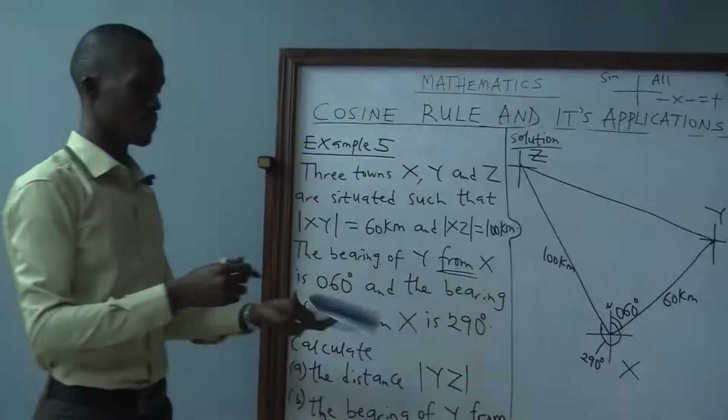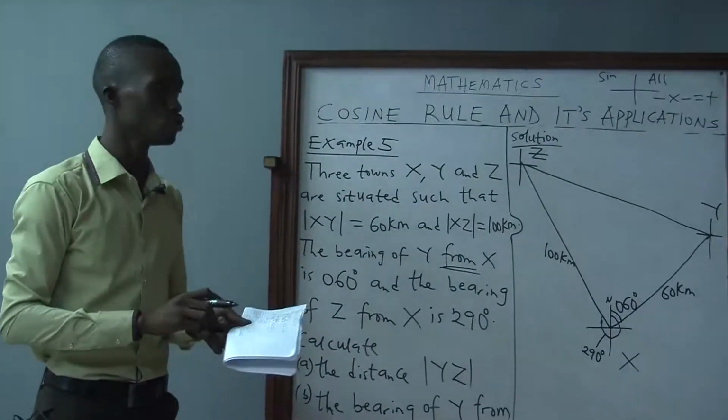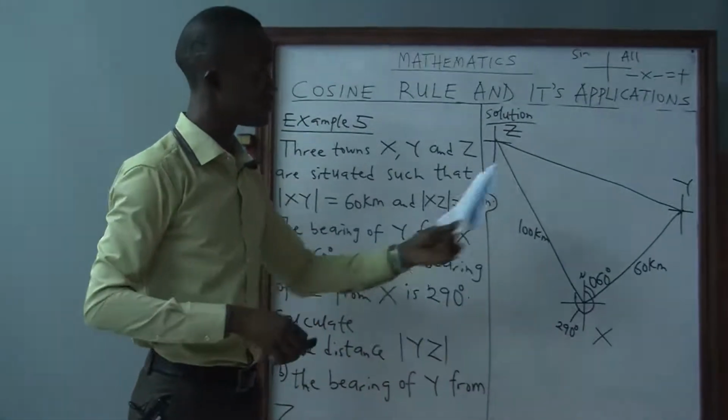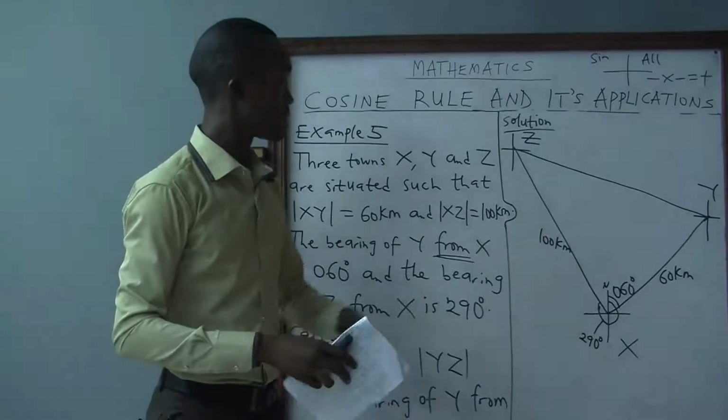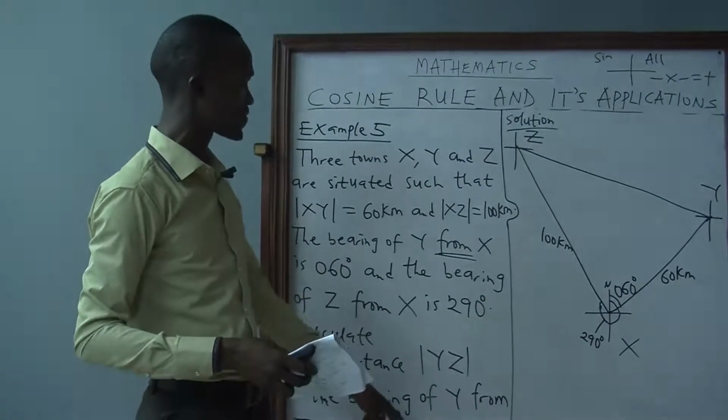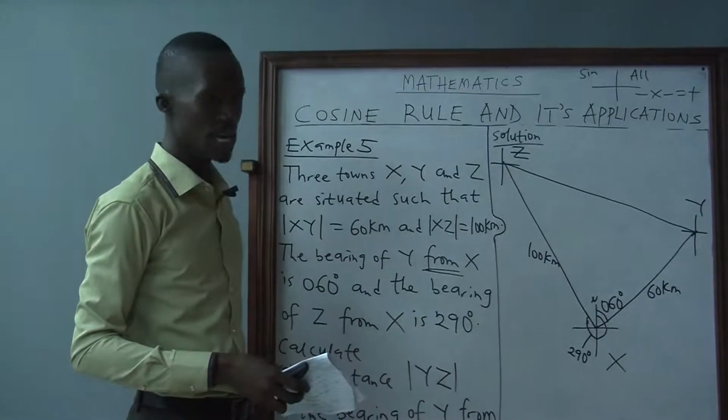We need to be very careful with the line we use to represent our bearing. From here, the second question is asking us for the bearing of y from z.